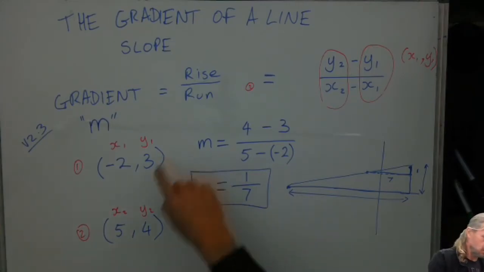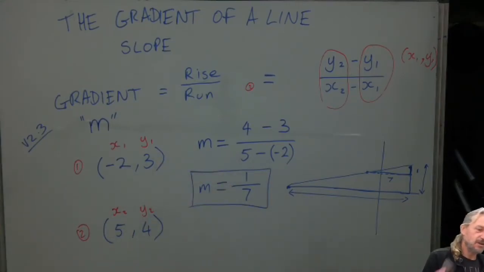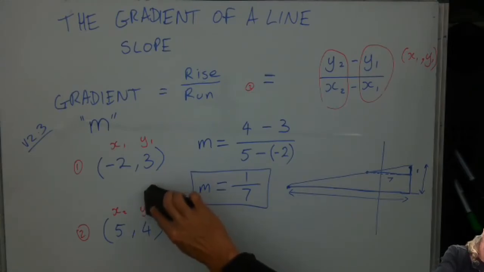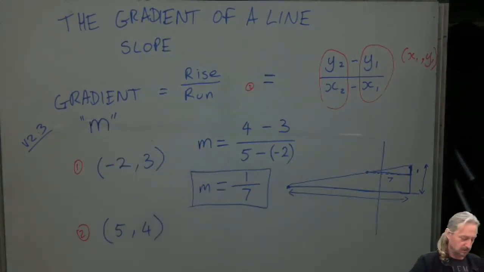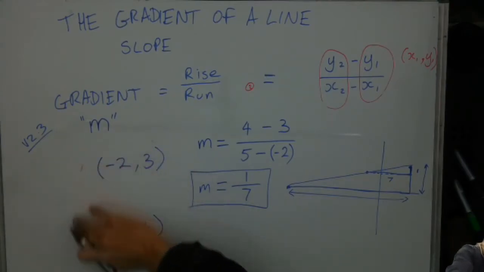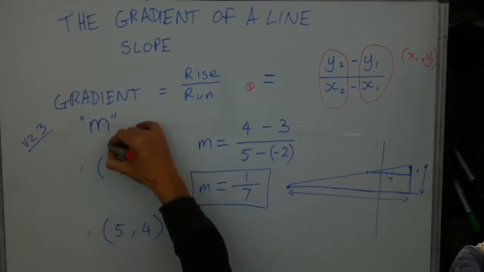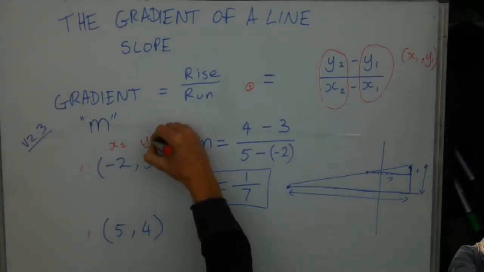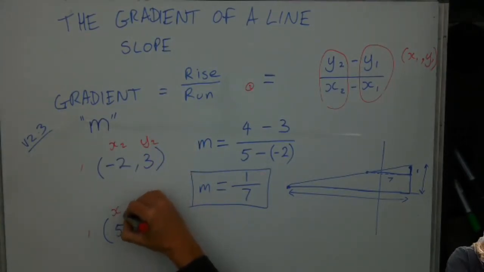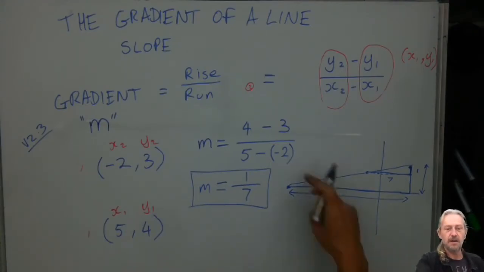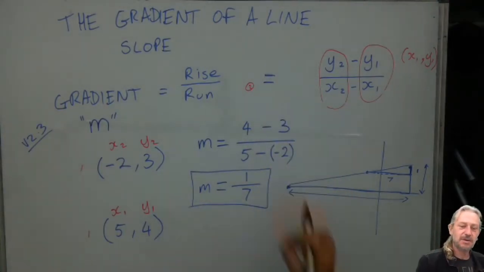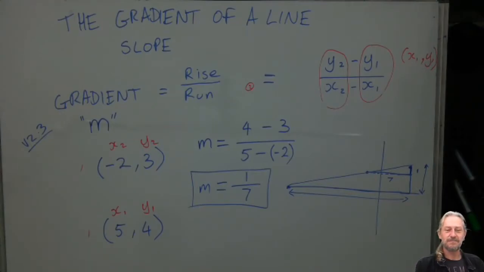Just out of interest, if we were to swap these and call this x2, y2, x1, y1, so I'll do this one in red, sort of show you how this is going to eventually give us the same thing.